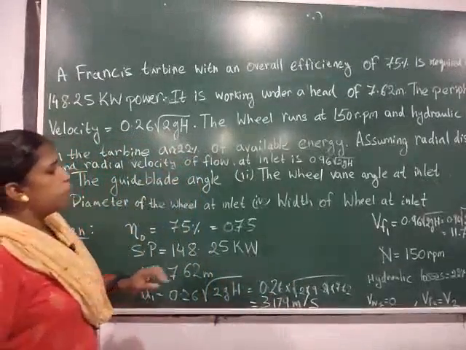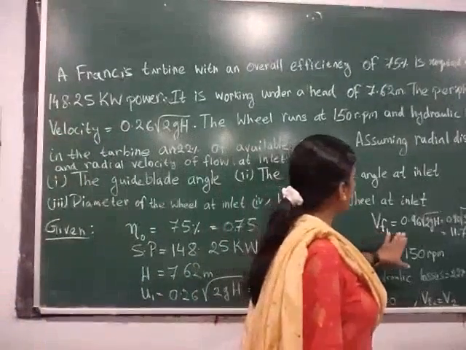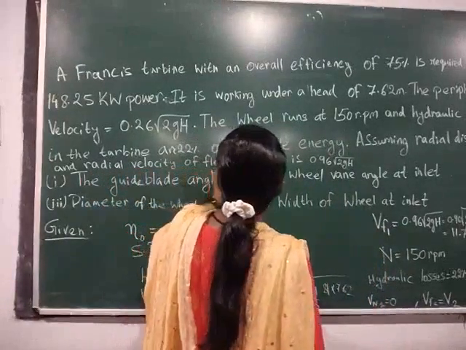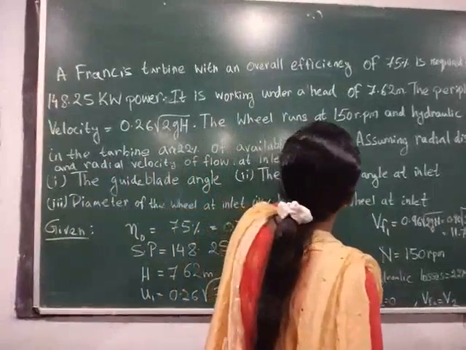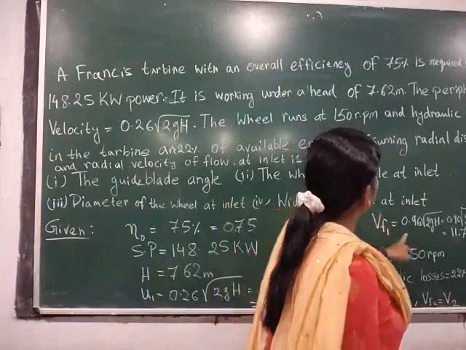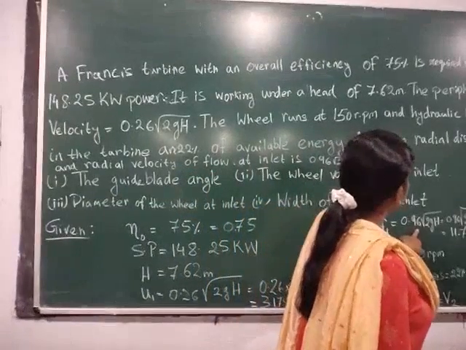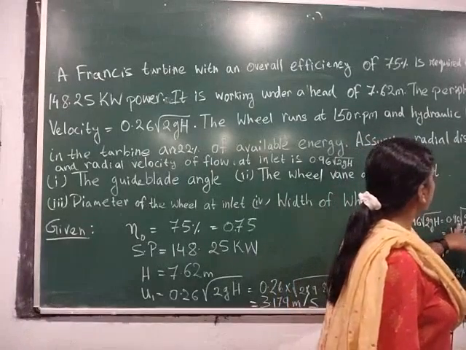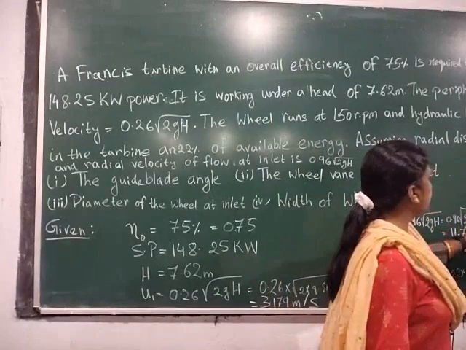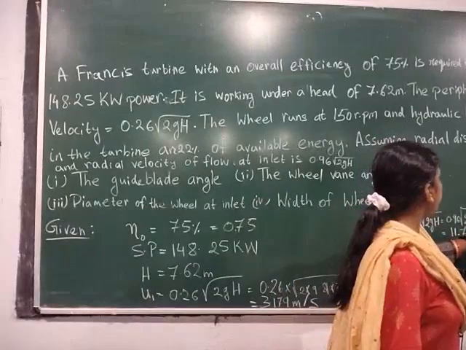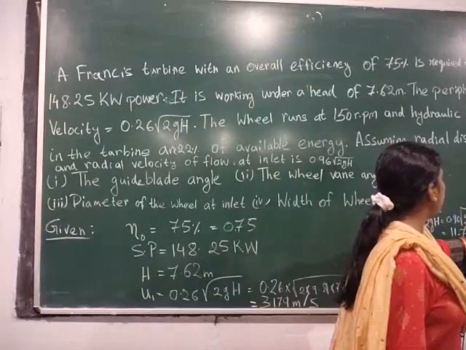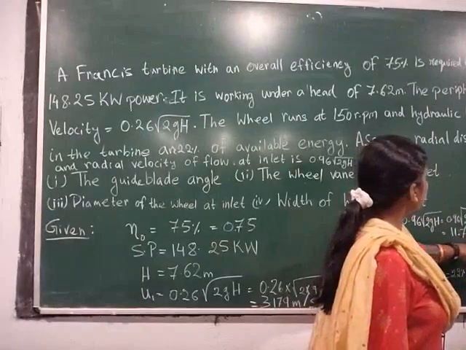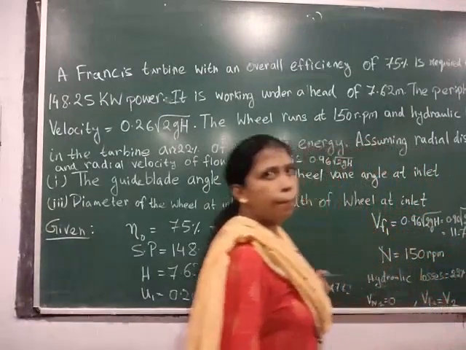Next, one more thing, that is the velocity of flow. So the radial velocity of flow at inlet is equal to 0.96 root over of 2gH. So we can write this as 0.96 root over of 2, in place of g 9.81 and in place of H 7.62. So we are getting the answer 11.738 meter per second.